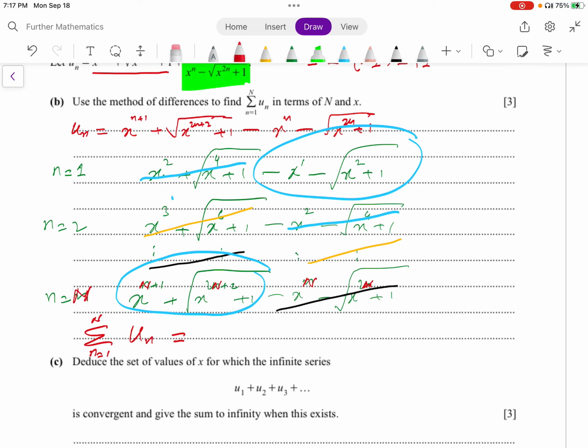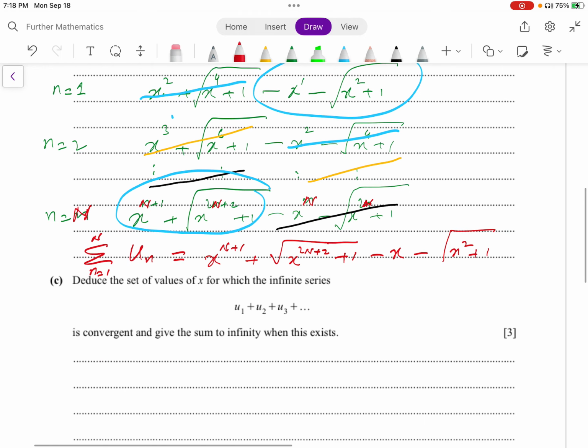So the sum is x to the power n plus 1 plus root of x to the power 2n plus 2 plus 1, minus x minus root x squared plus 1. This is the sum of un from n equals 1 to capital N in terms of n and x.